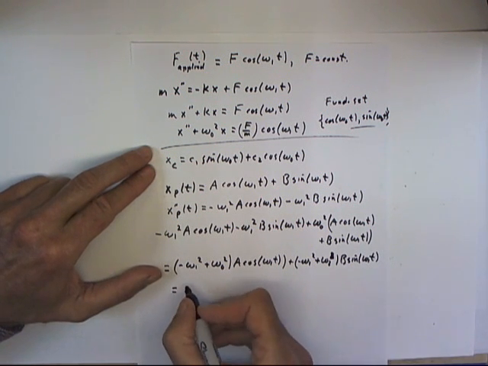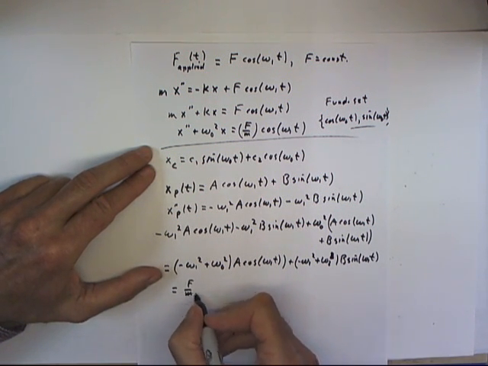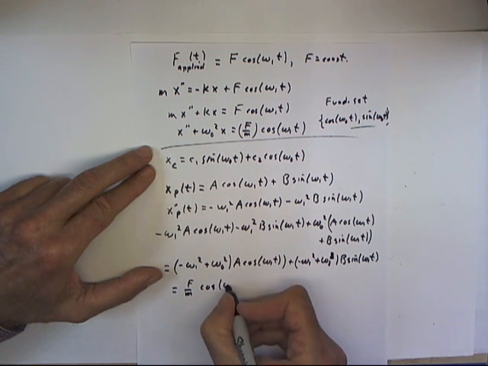And that's going to have to be equal to our F over m cosine of omega 1 t.